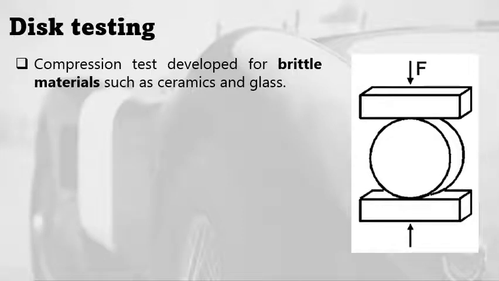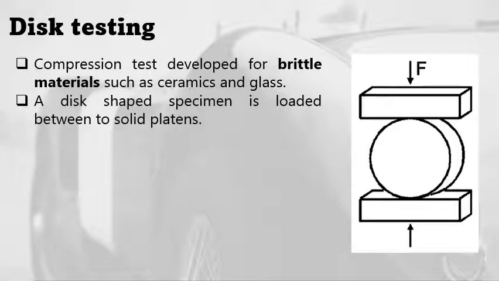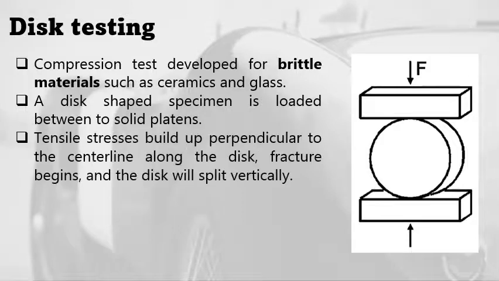So we also have what we call the disc test. The disc test is the compression test that is developed for brittle materials like ceramics and glass. So this is a specific test for compression testing, especially for brittle materials. A disc-shaped specimen is loaded between two solid platens.